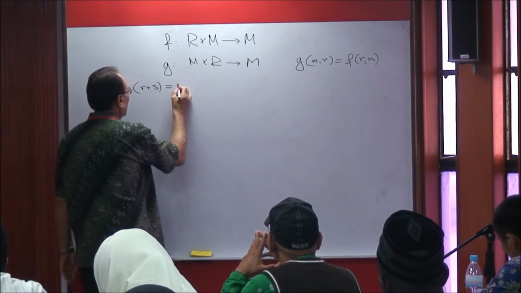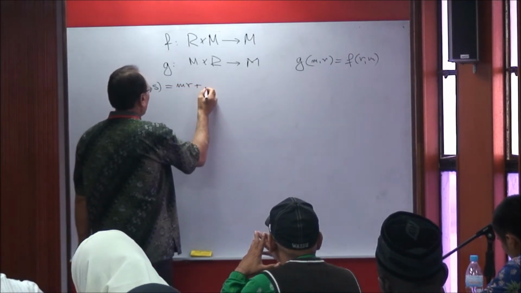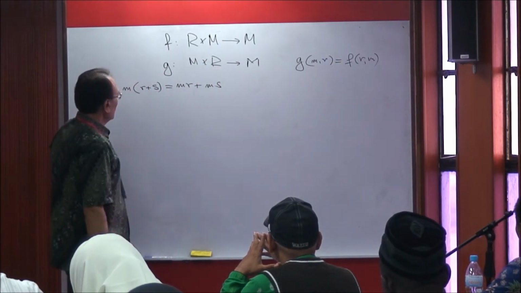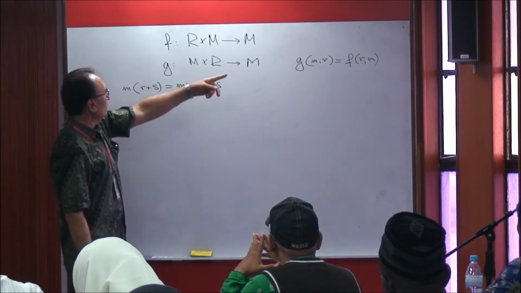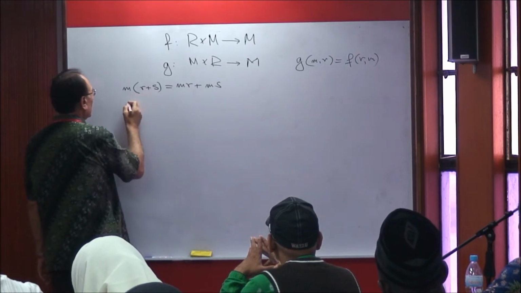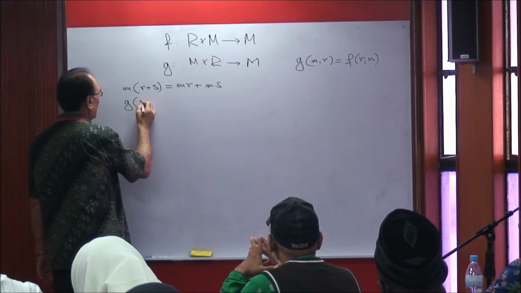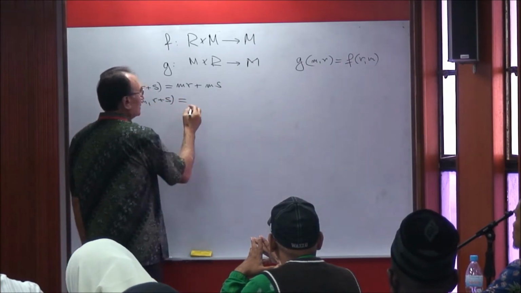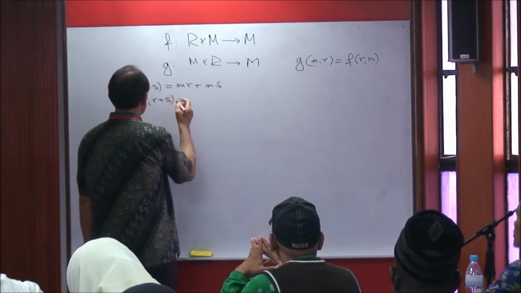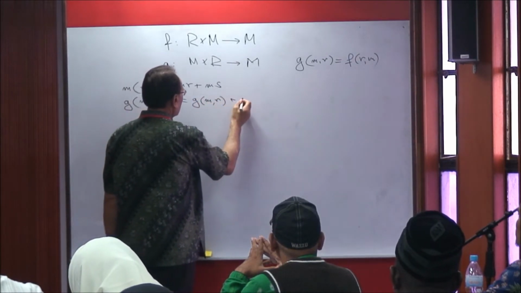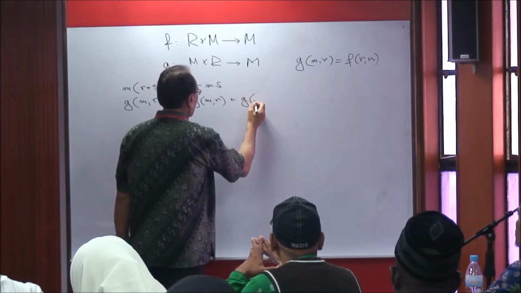This must be mr + ms. If you put that, what will you get? In reality, if I write it as follows: m(r + s) equals, this must be G(m, r) plus G(m, s).